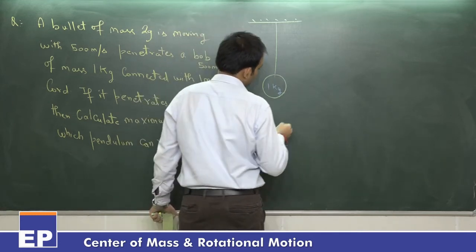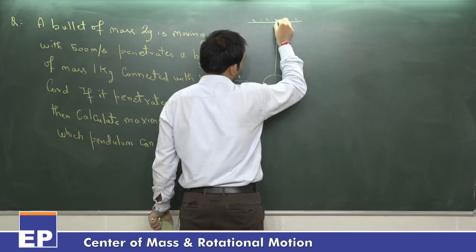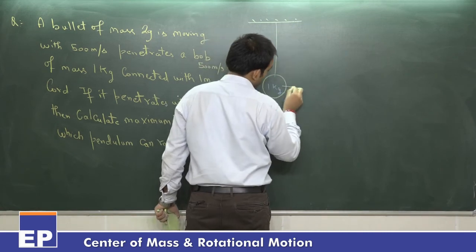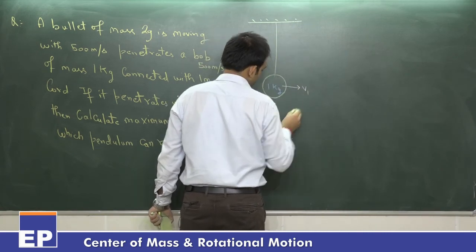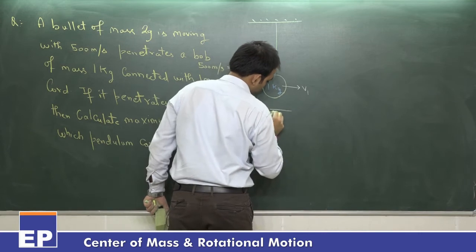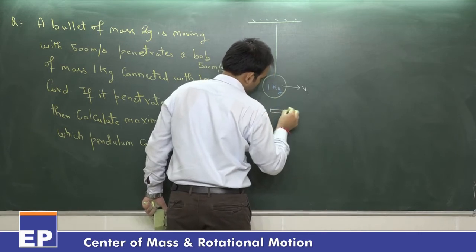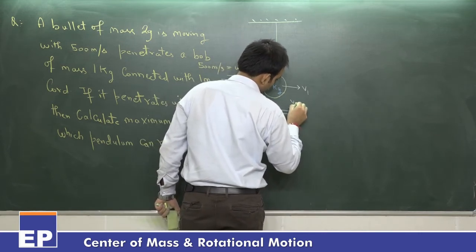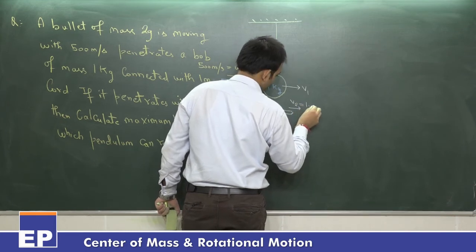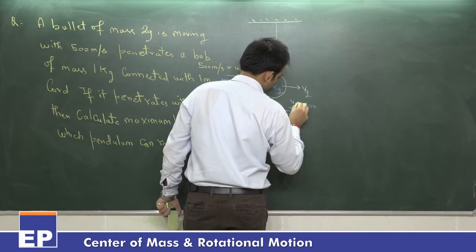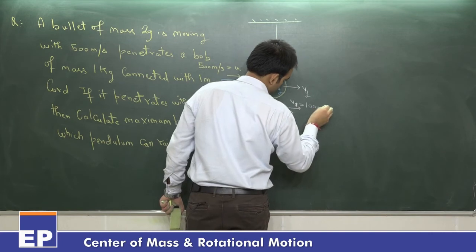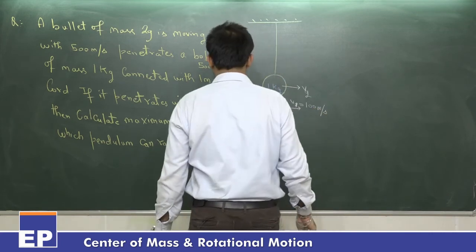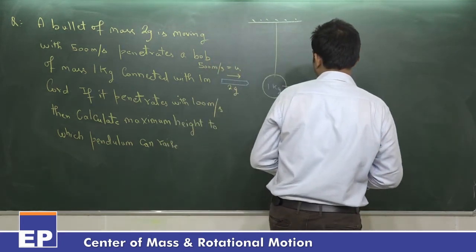It collides and this pendulum will start moving, and the bullet will start moving after penetration with V2 equal to 100. We can say by conservation of momentum.